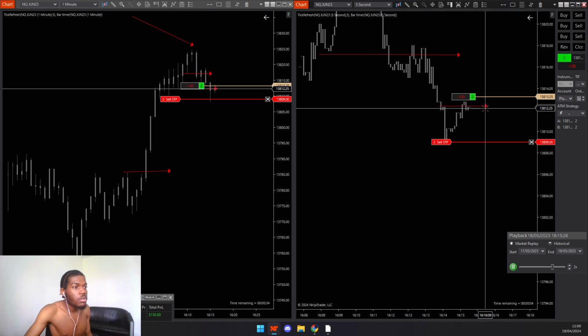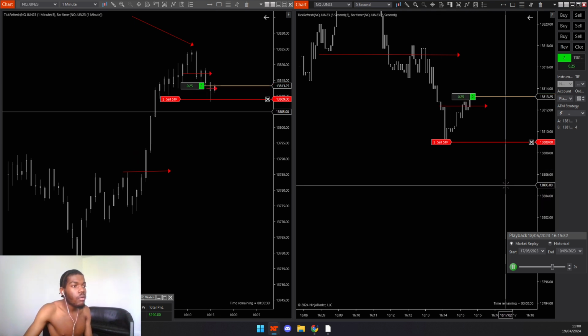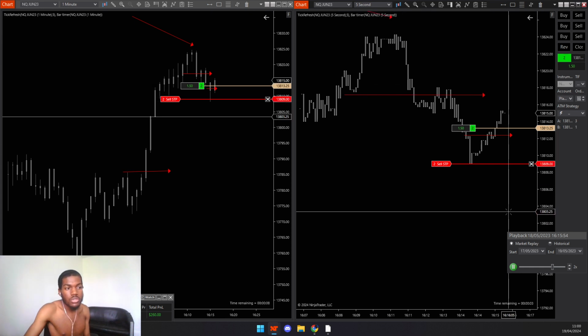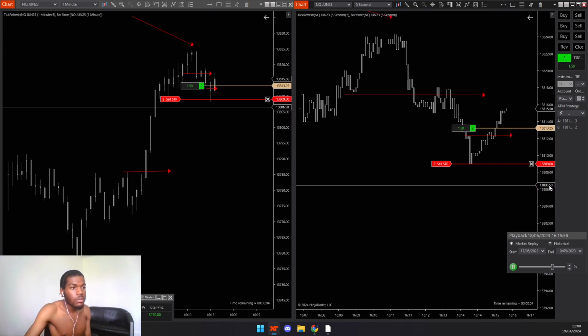I saw a closure above that supply there, and then I'd go for that 5 points, a 1-to-1. But sometimes the 1-to-1 can be less than 5 points, so I just make it a minimum to go for 5.